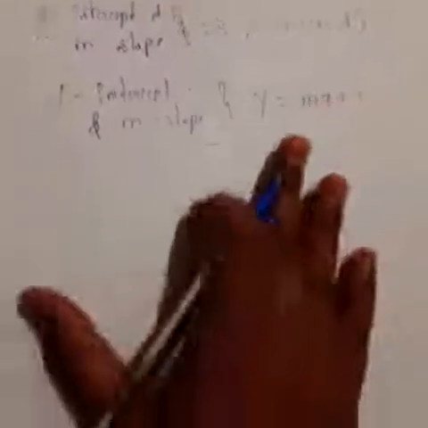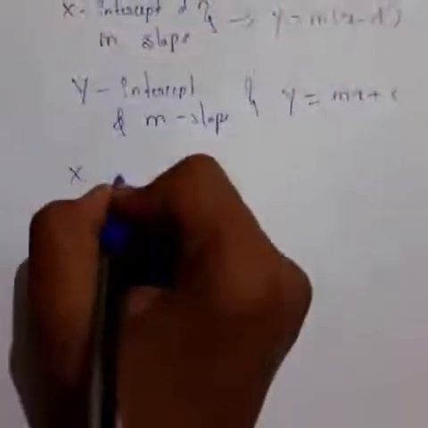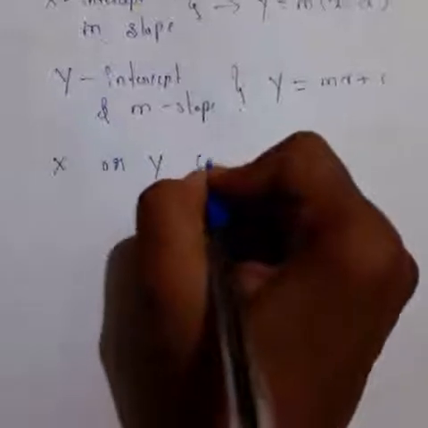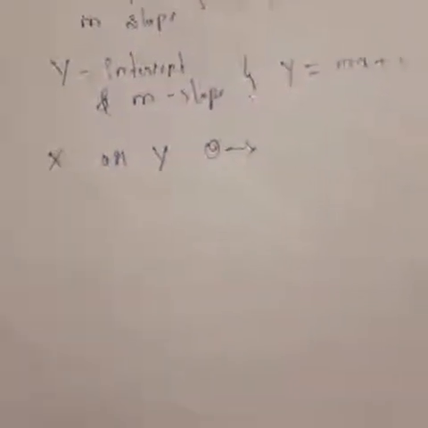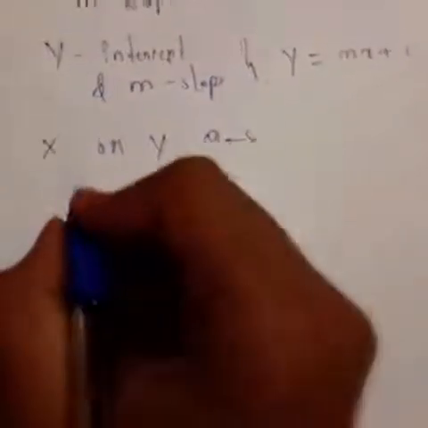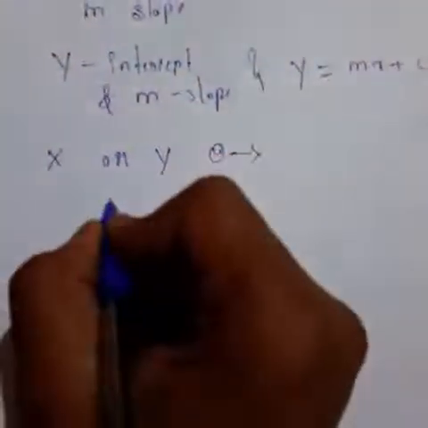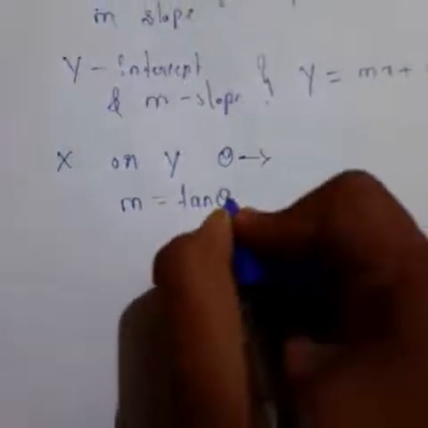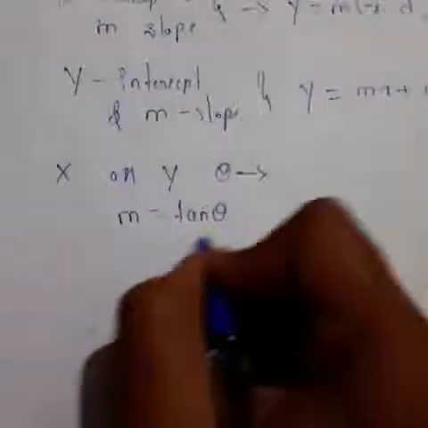So sometimes they will give either the x-intercept or the y-intercept, and indirectly they will give only the angle. If only the angle is given, then first I have to use the formula m is equal to tan theta. That is your definition of slope.